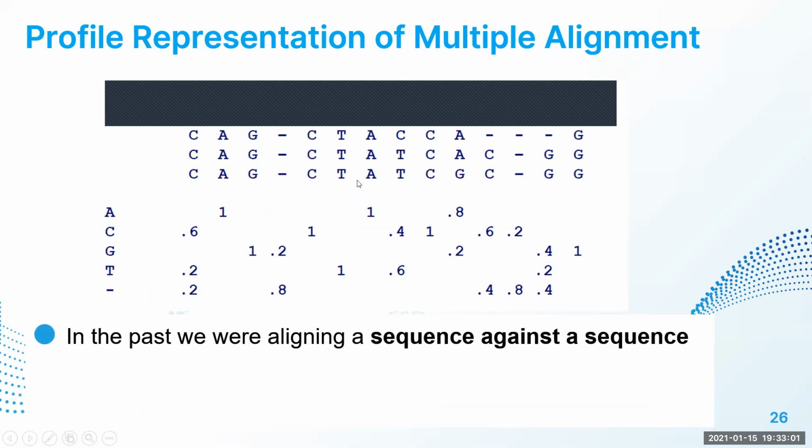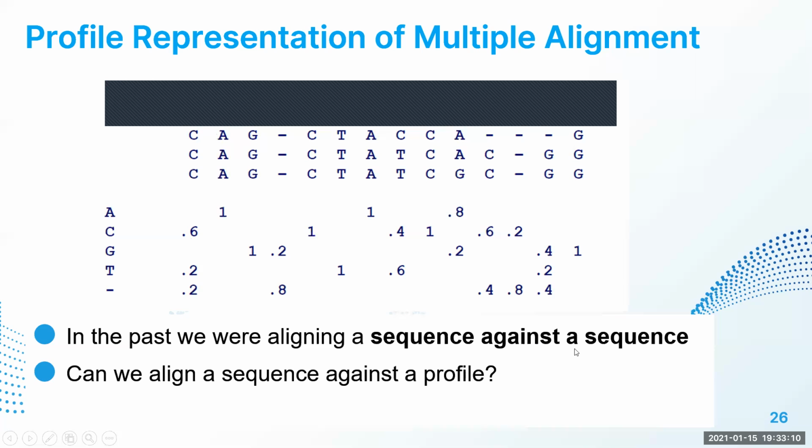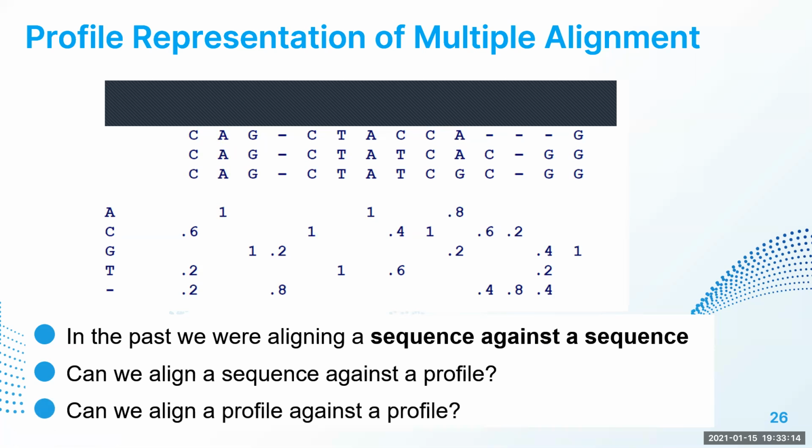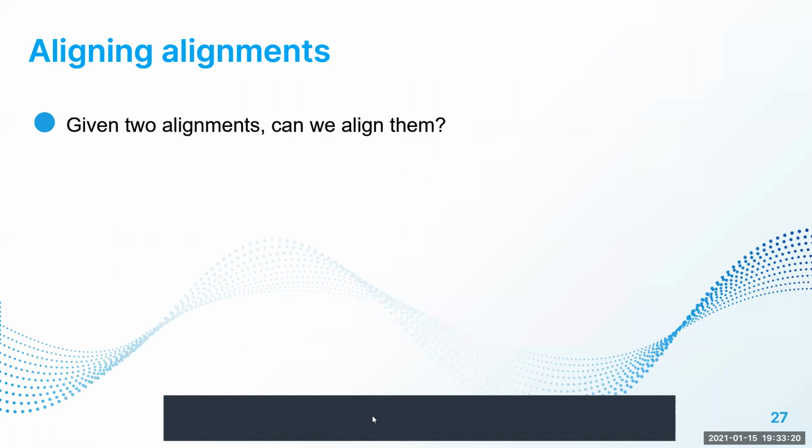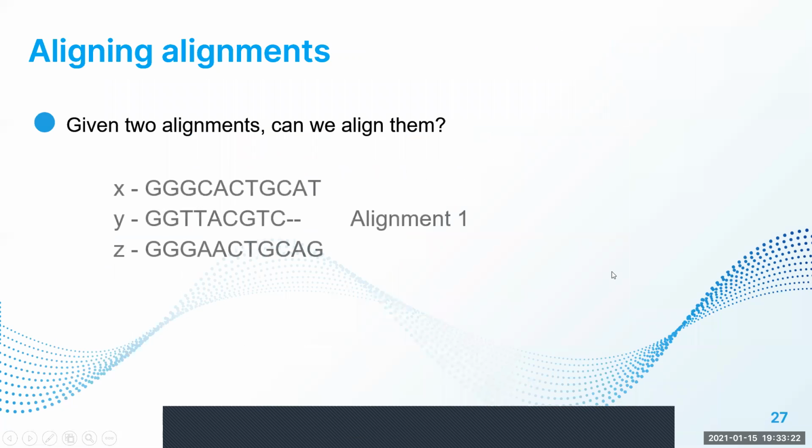In the previous lectures you already did sequence alignment. Now we're going to align a sequence against a profile. So what does it mean? If you are given 2 alignments, can we align these?